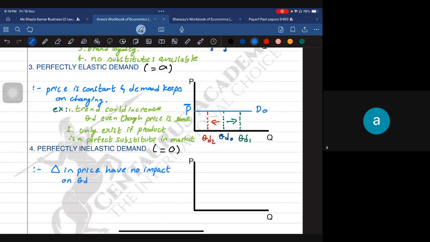So quantity demanded is constant throughout. So the graph is going to be vertical. Quantity is constant here, but the price keeps on changing.